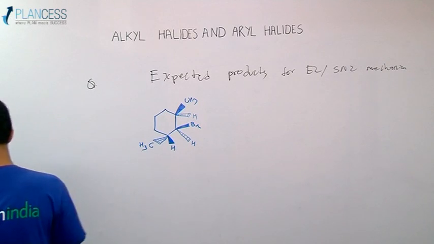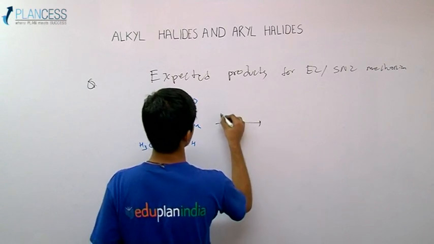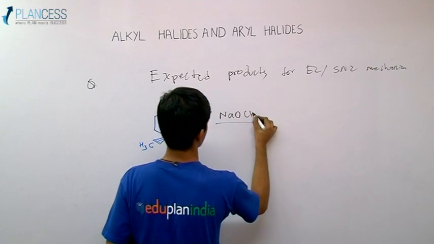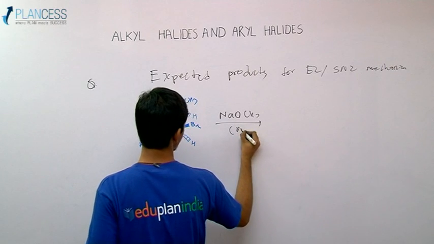Fine. So this is our reactant and our reagent is NaOCH3. Fine. And there is a solvent also, CH3OH.